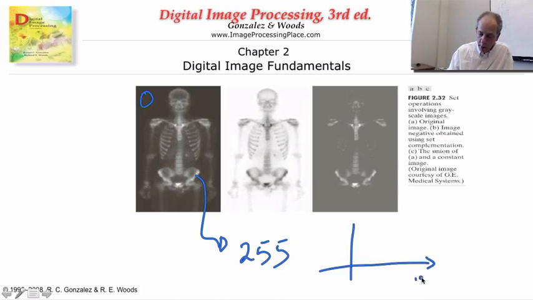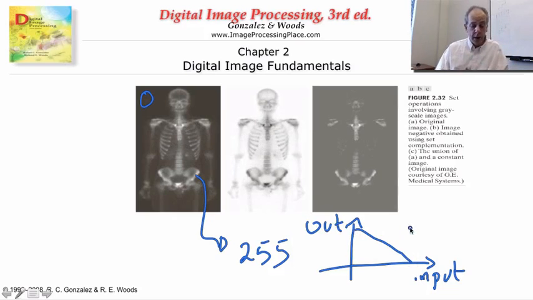If this is the input and this is the output, it will be something like this. As 0 goes to 255, 255 goes to 0. So we invert the image, and using that, we can find some interesting things, and it might be easier to observe certain objects in the inverted image than it was in the original image. Again, a simple operation with the arrays that we have representing our images in the computer.